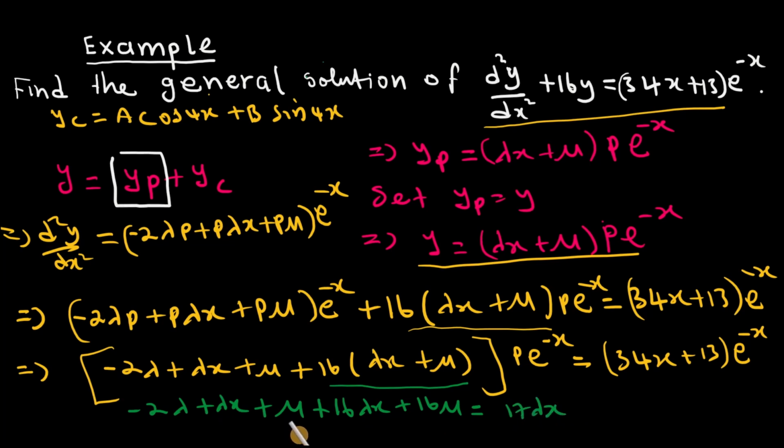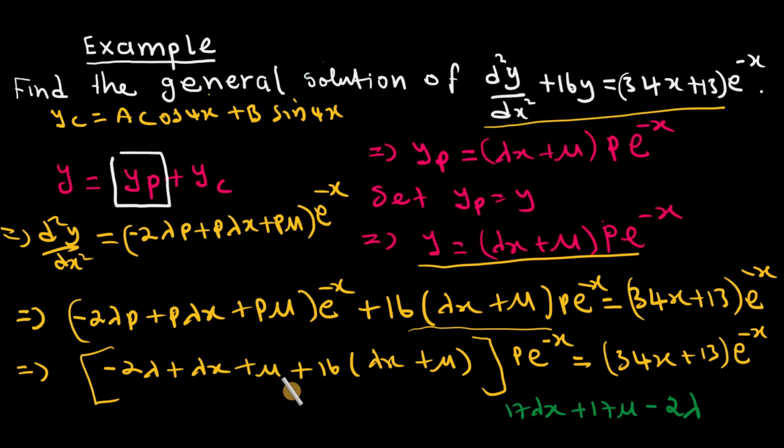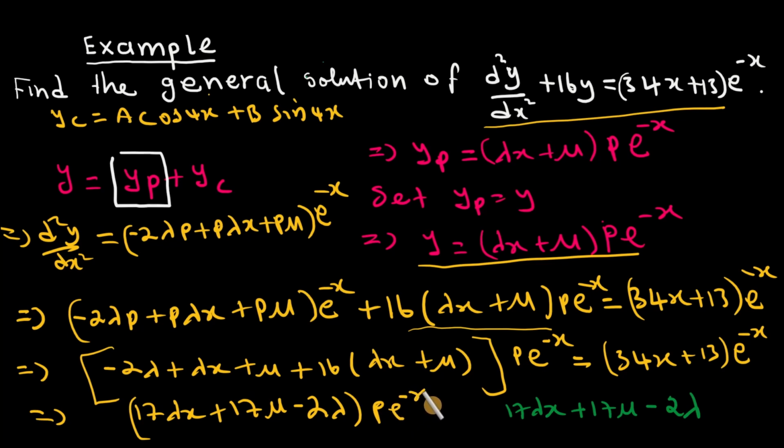Equally mu plus 16 mu is 17 mu, and then minus 2 lambda. So all this can be simplified to 17 lambda x plus 17 mu minus 2 lambda, into p e to the negative x, is equal to 34x plus 13 into e to the negative x.